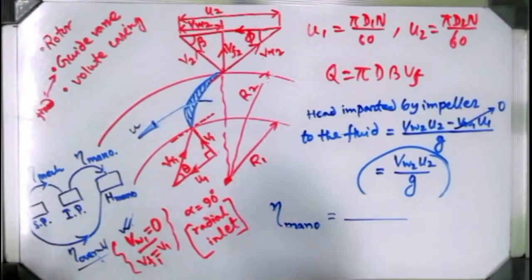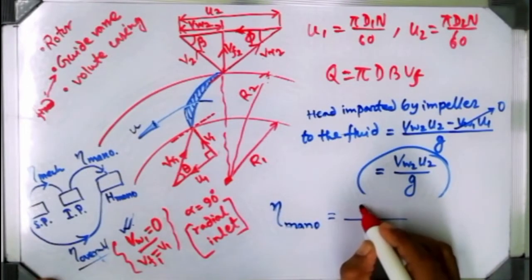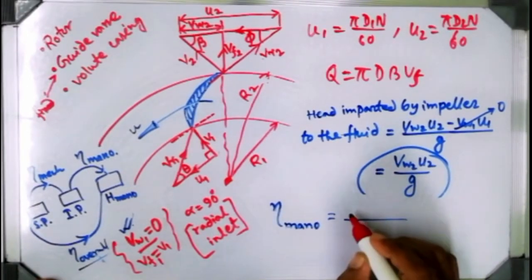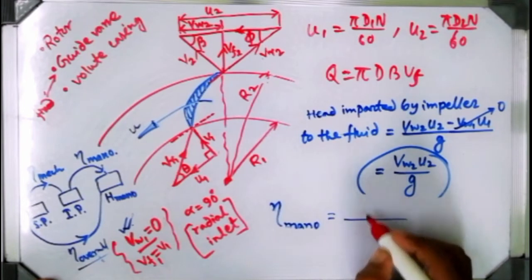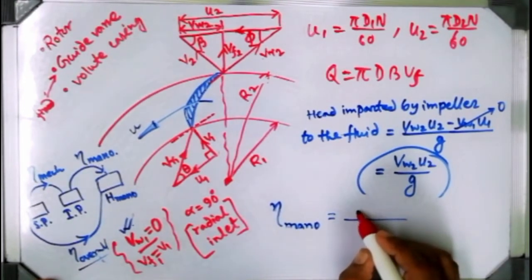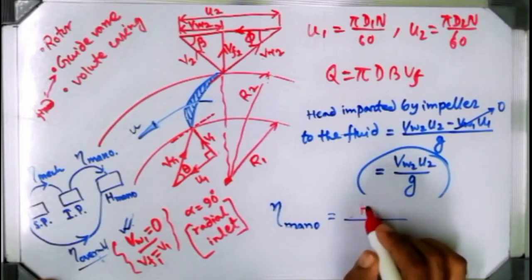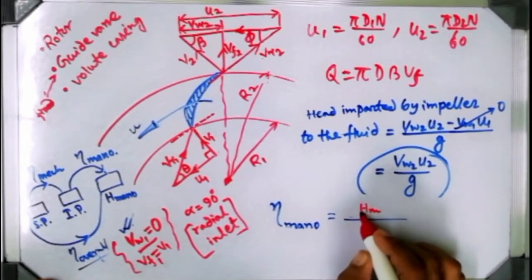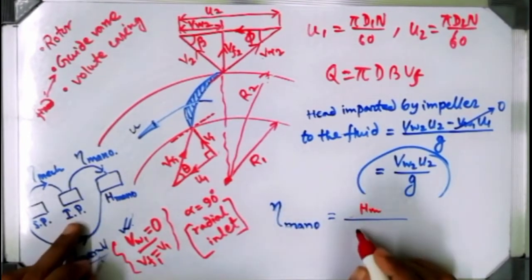So I can write the manometric efficiency like this. Obviously any efficiency is expressed as output to input. Here the output is the manometric head, HM, and the input I am considering is the impeller power.